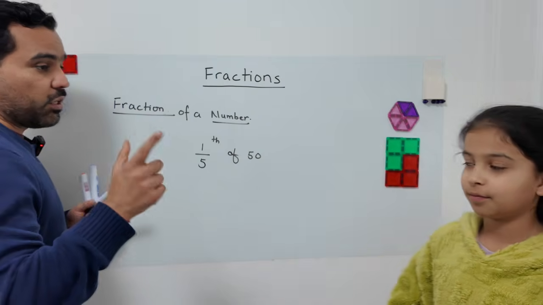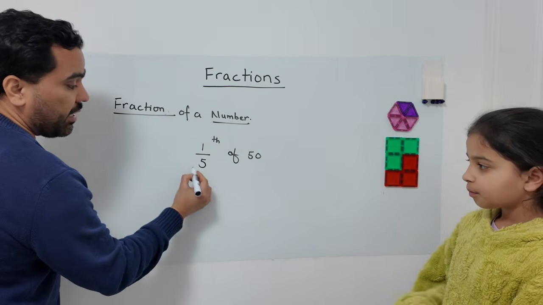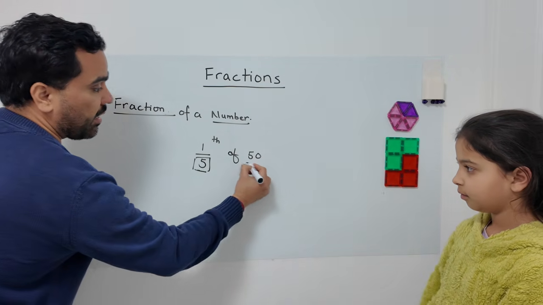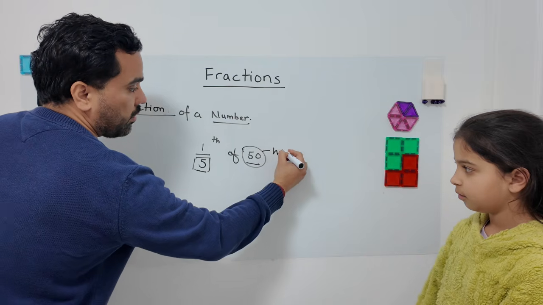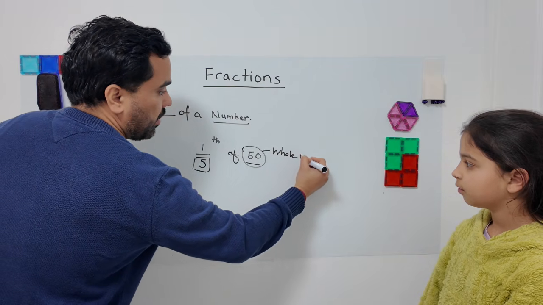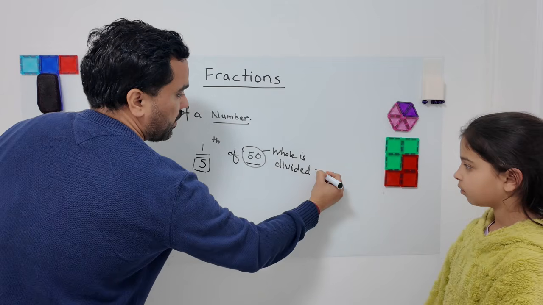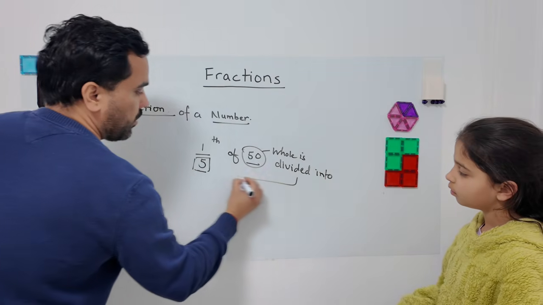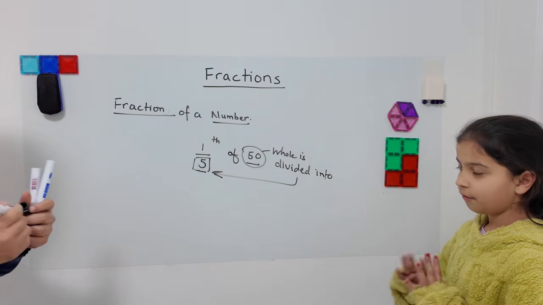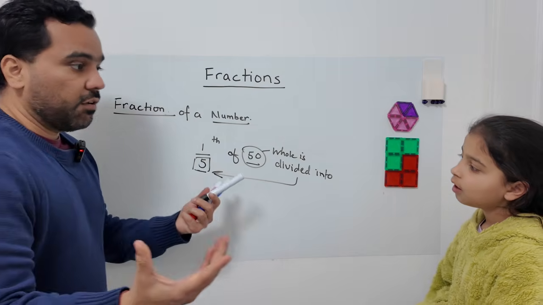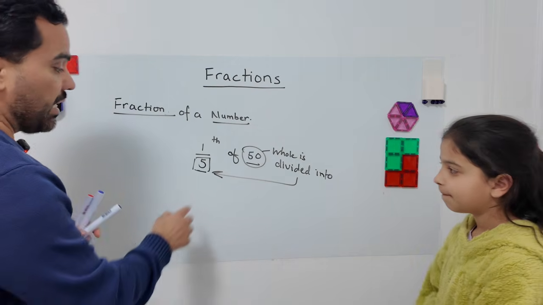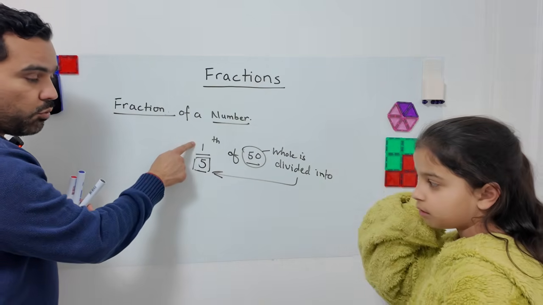Okay. What does that mean? So first, this means that this whole is divided into this many pieces, 5 parts. And out of those 5 parts, you got 1.